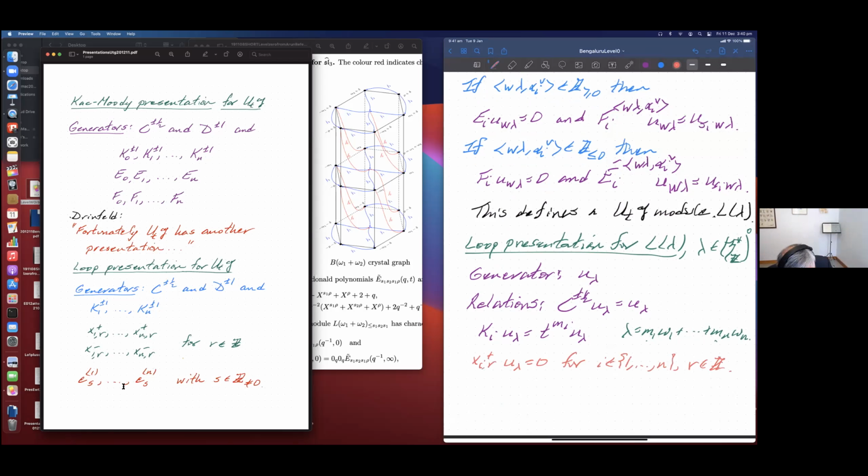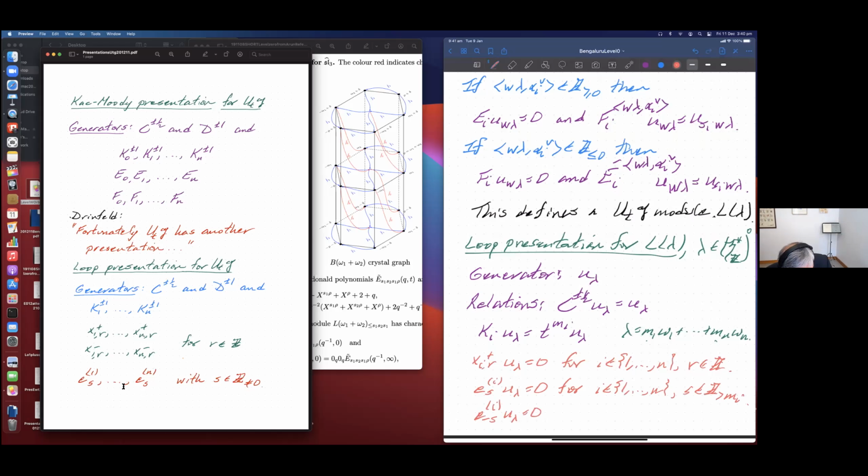And then if I look at the elementary symmetric functions, they also kill, provided that your s is bigger than m_i. And I also have negative elementary symmetric functions.